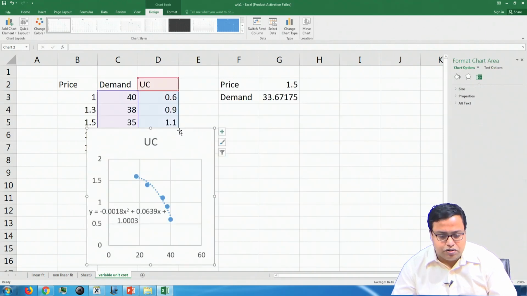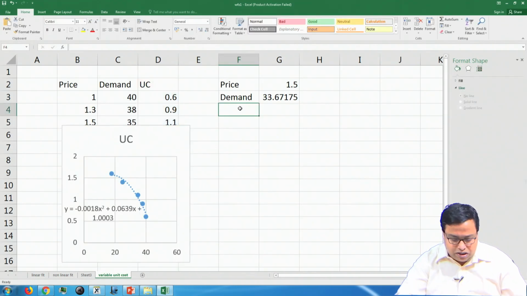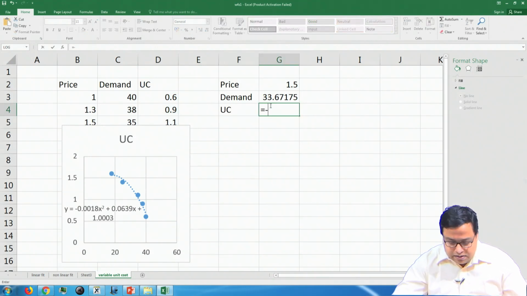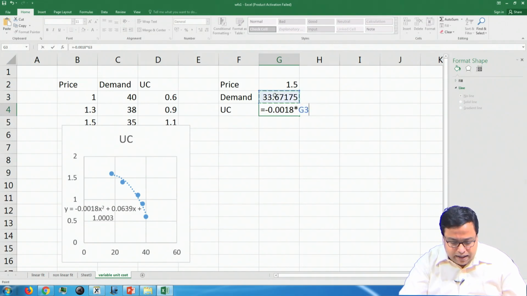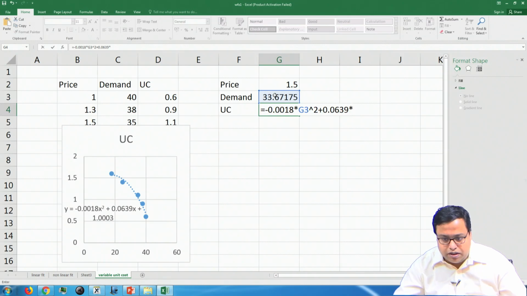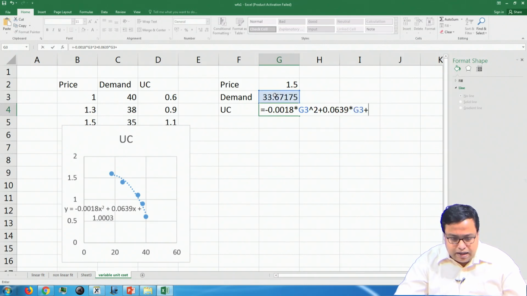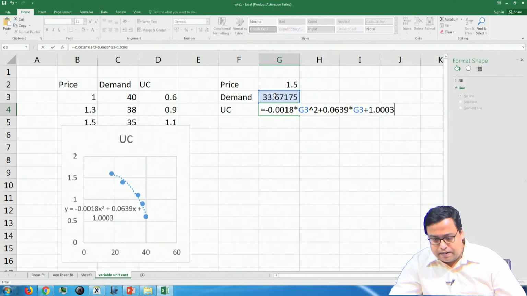What is the unit cost? Unit cost will be a function of demand. So, unit cost will be basically minus 0.0018 into the square of my demand, plus 0.0639 into demand, plus 1.0003.